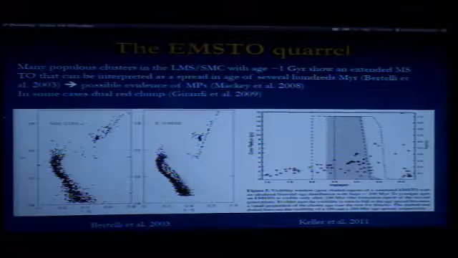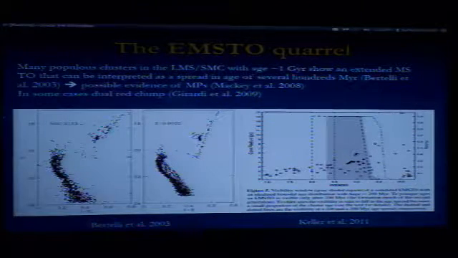There has been a lot of discussion about populous clusters in the Large Magellanic Cloud and Small Magellanic Cloud. Essentially, the clusters with intermediate age, of the order of 1 gigayear or so, or even less, are very well suited to study different populations, because in this case the difference in age is perhaps large enough that you can see different turn-offs corresponding to the different ages of the different objects.